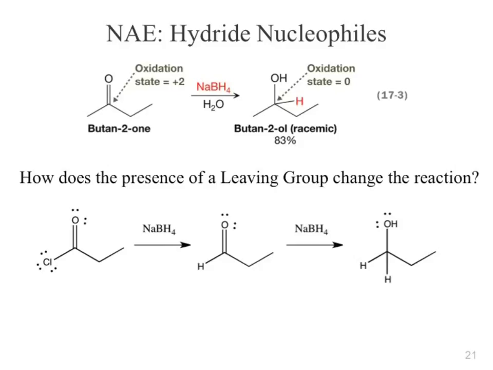Okay. What happens if we change our electrophile, though? Okay, so in this case, it's an acyl chloride. But what if I had used, I don't know, how about an ester?